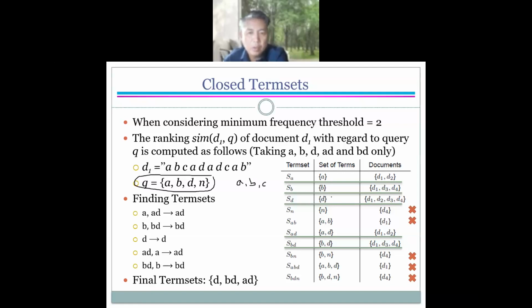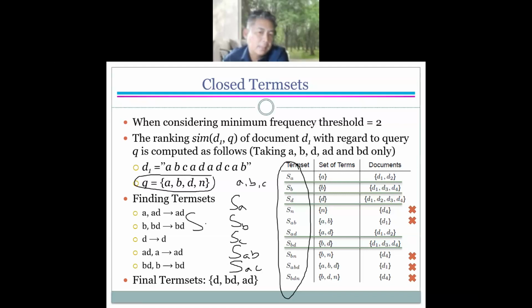Okay, so you need to list all these possible term sets first. Meaning that you have A, and then B, and then C, then AB, AC, and then BC, and then ABC.